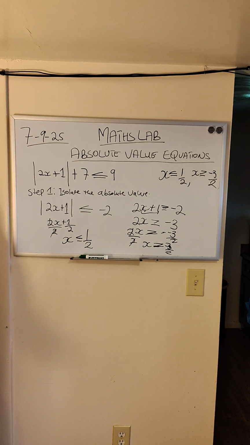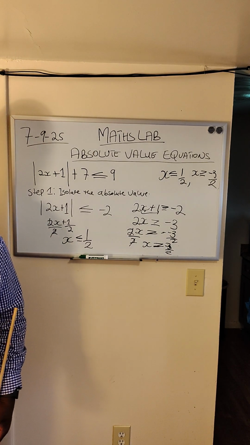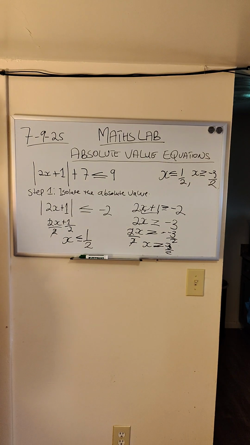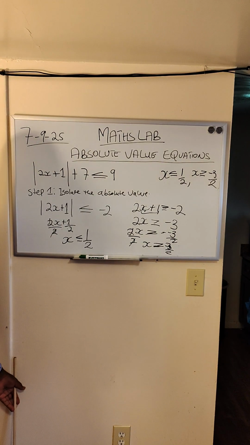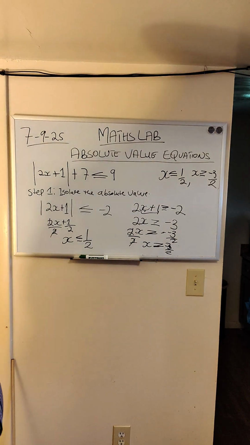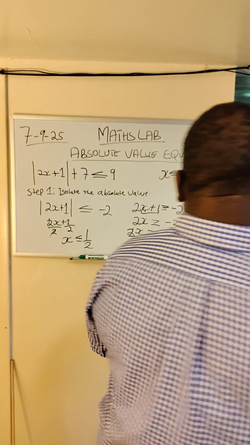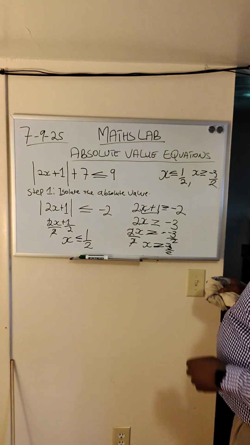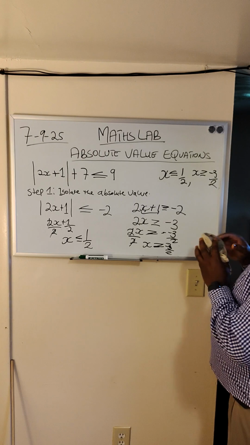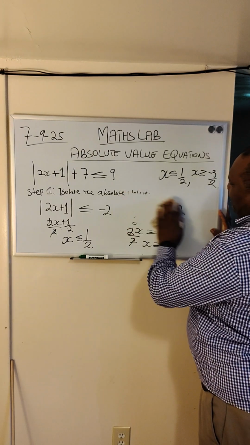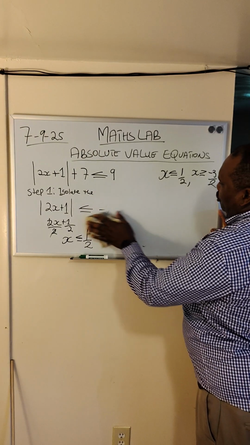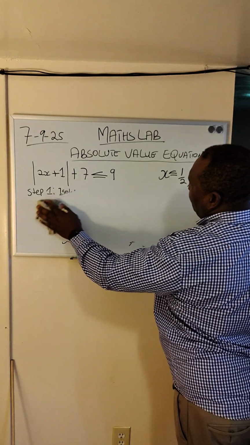So now the last part of this: remember, when you solve absolute value equations, we also have to draw the number line. So let us see how we're going to draw these two answers on the absolute value number line.